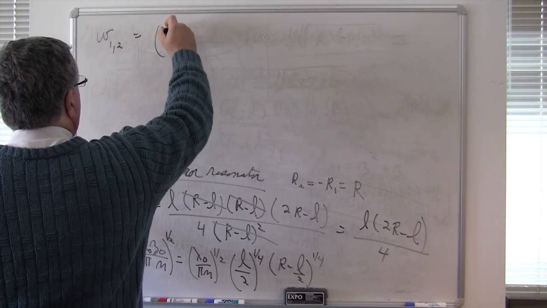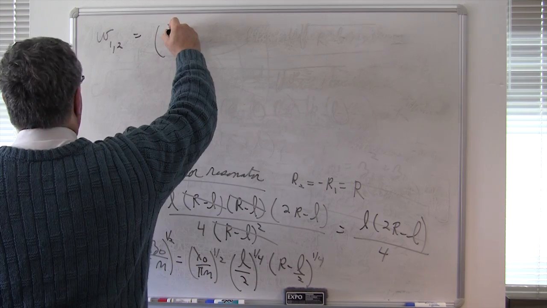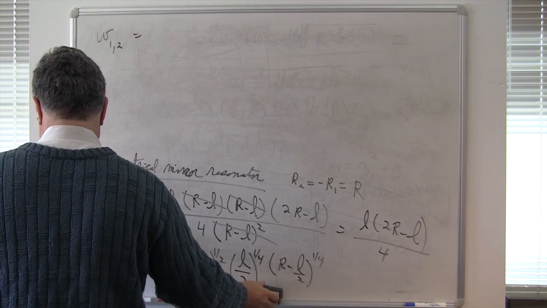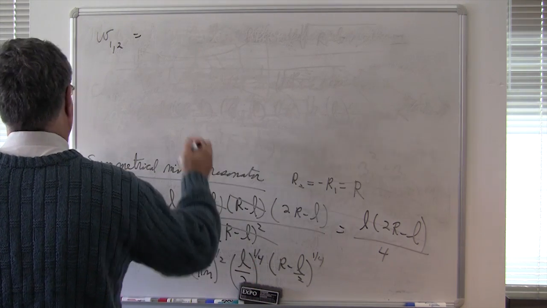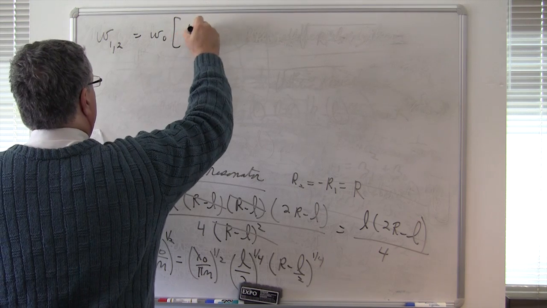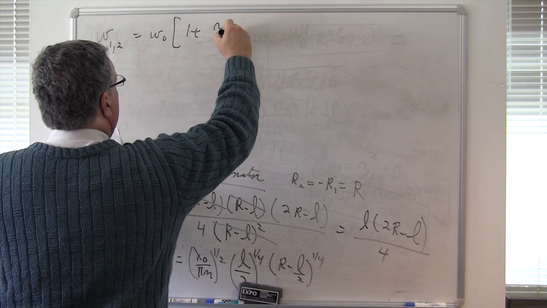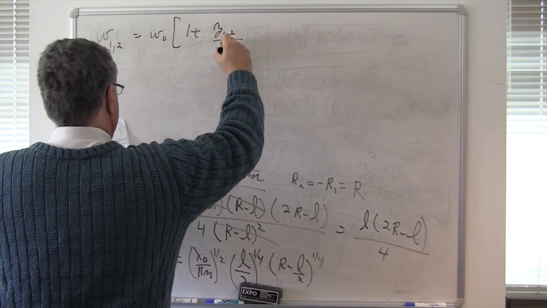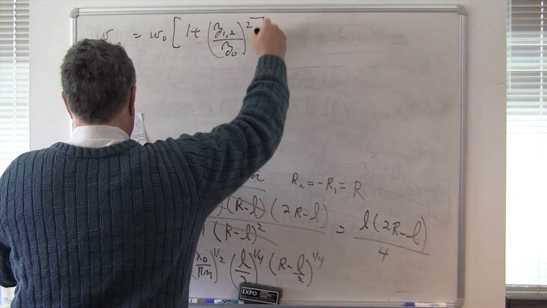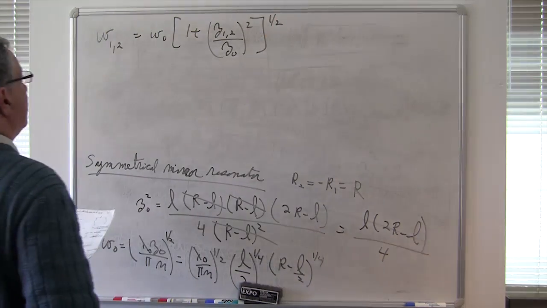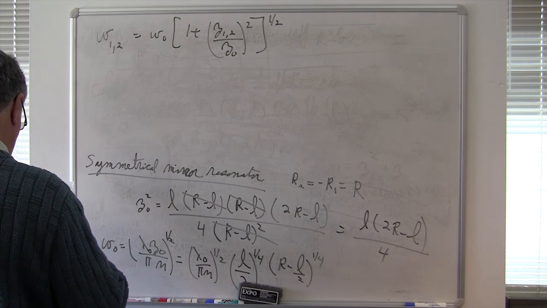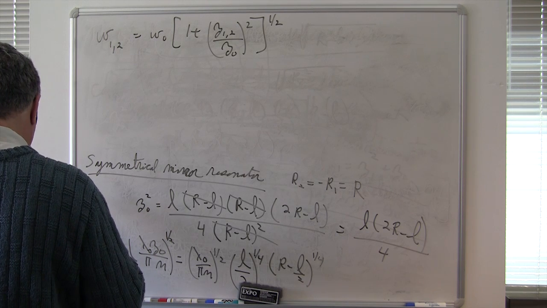It's just given by, we use the fact that W1 or 2 is equal to W0 times 1 plus Z1 or 2 divided by Z0 square to the power 1/2. Okay, that's our usual expression for W, the spot size.